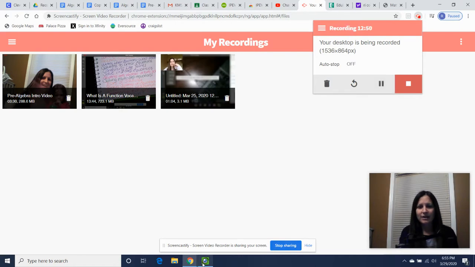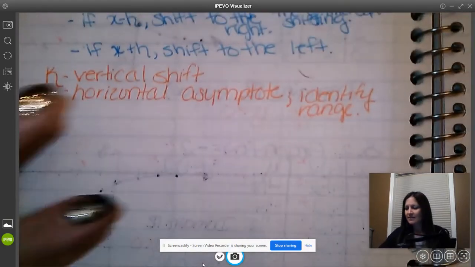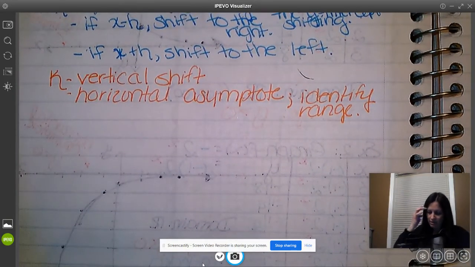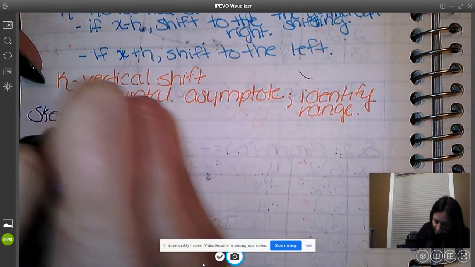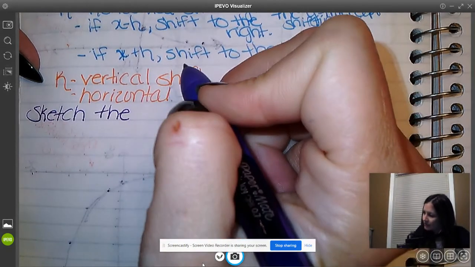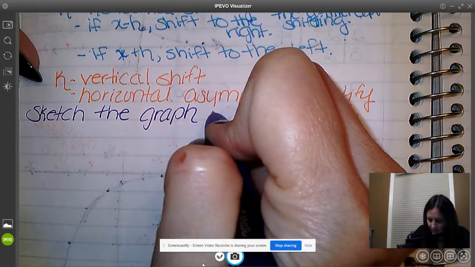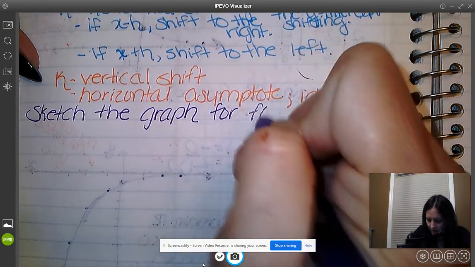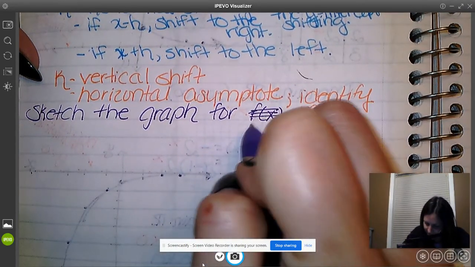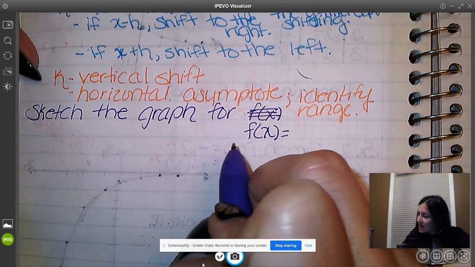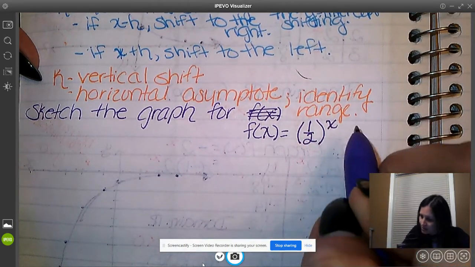Okay, sorry guys. All right, so let's sketch the graph for f of x equals 1/2 to the x plus 1.